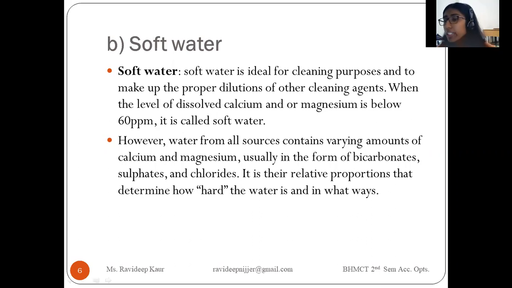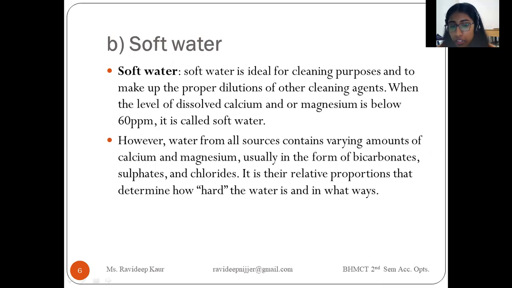So, soft water is ideal for cleaning purposes and to make up the proper dilution of other cleaning agents. It is very good for diluting the cleaning agents as compared to hard water. When the level of dissolved calcium or magnesium is below 60 ppm, it is called soft water.